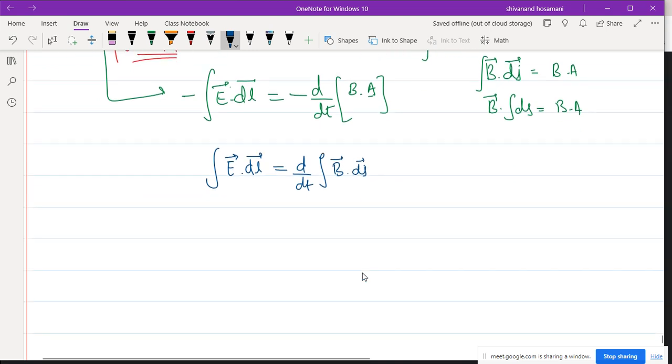Here we have a line element and here a surface element, so we need to convert from line integral to surface integral.